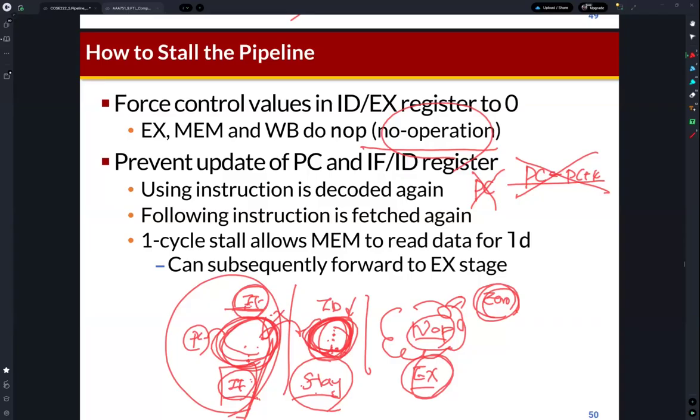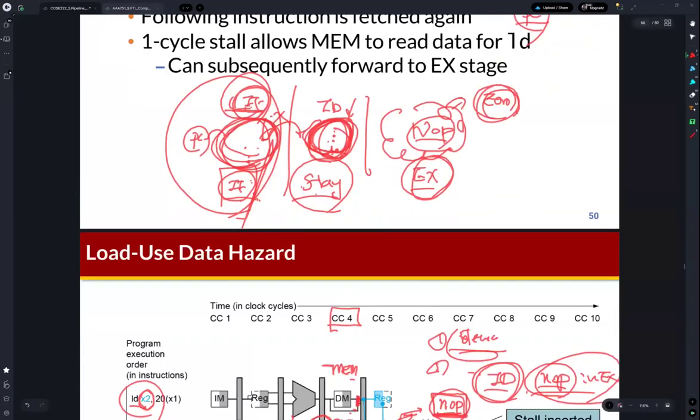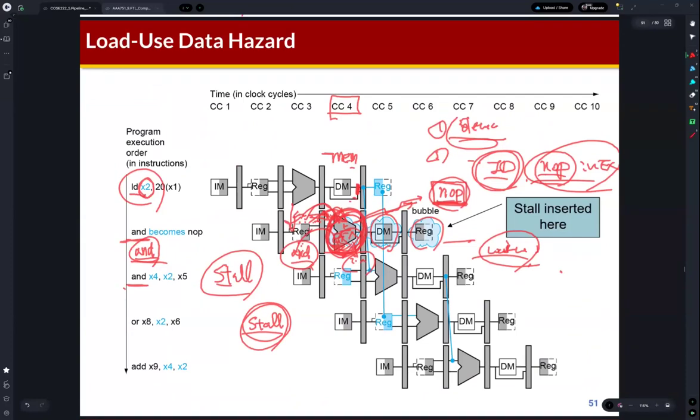So we can just disable the update of the PC for the instruction fetch stage. By doing this, we can make the pipeline stalled. So do you understand? I already explained this.